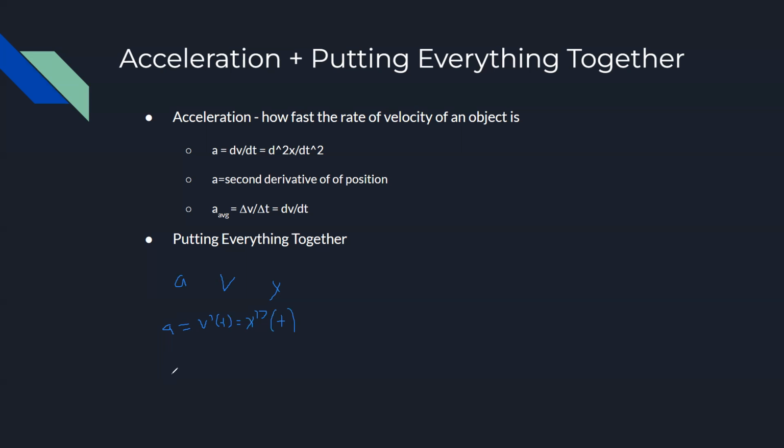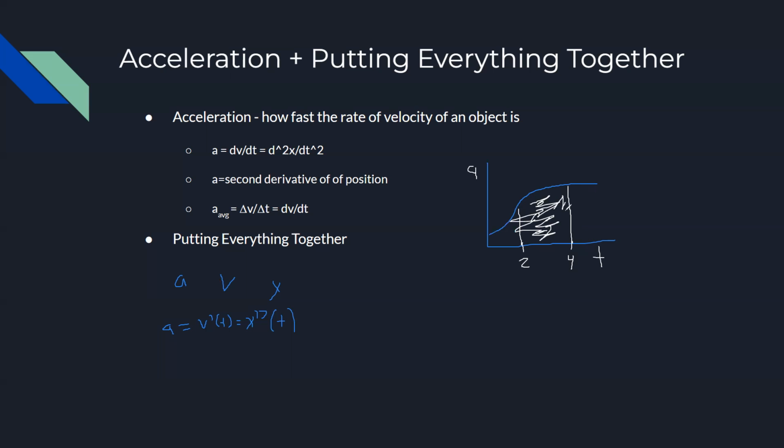So basically what you can do is, let's make this into a graph. Let's do t equals 2 to t equals 4, and this is A over t. So what velocity is when you have an acceleration graph is that you're basically trying to find the area under the curve.